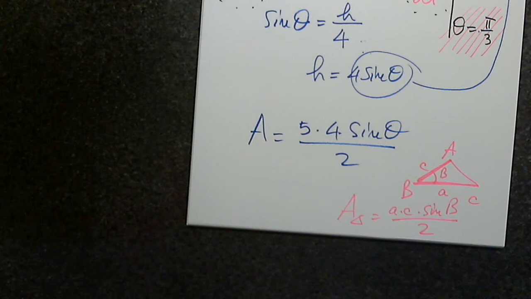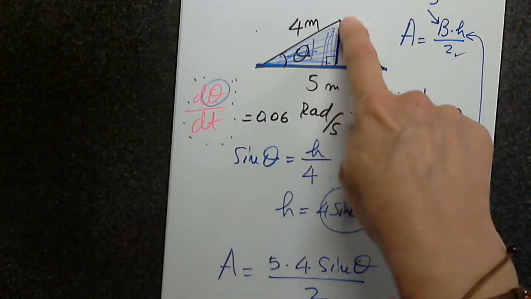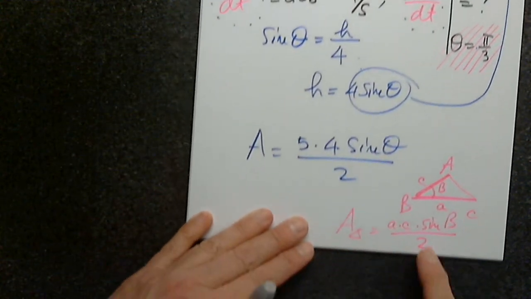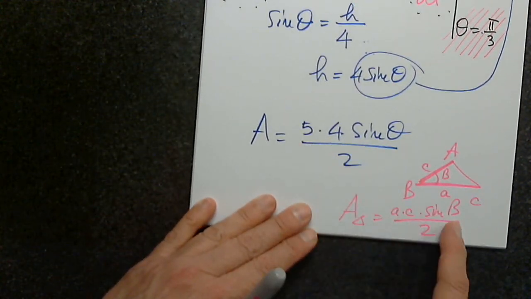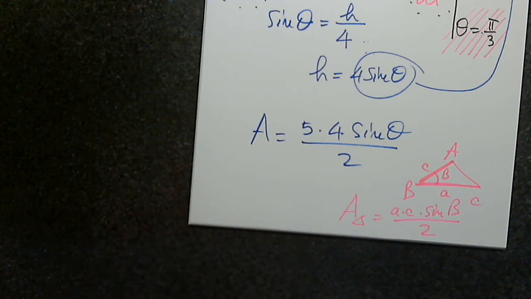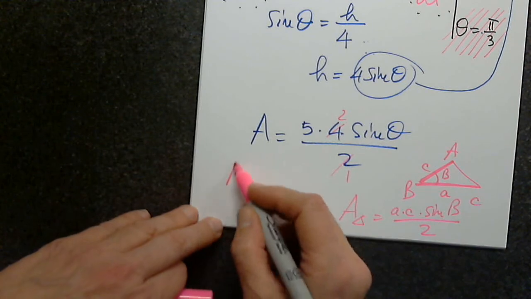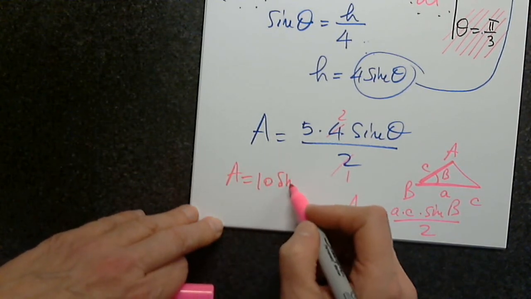Exactly what we just got here a minute ago, right? So A times C times sine theta over 2. Of course, I'll simplify. So the area equals 10 sine theta.